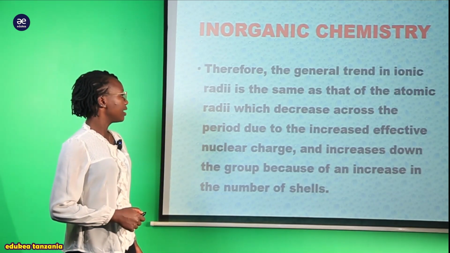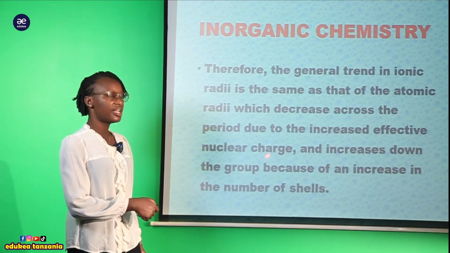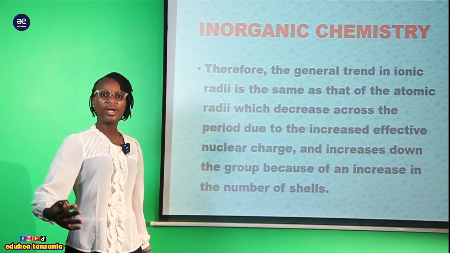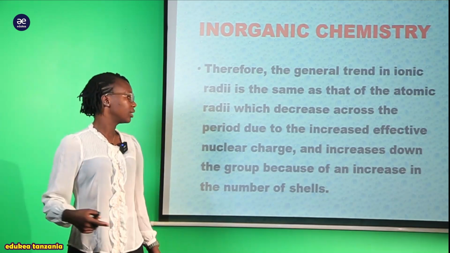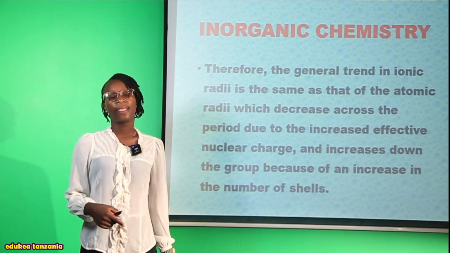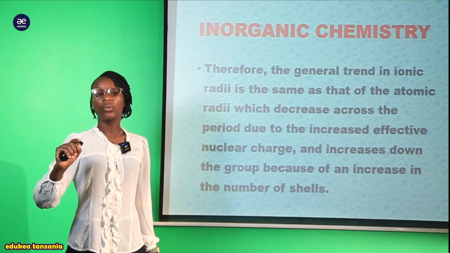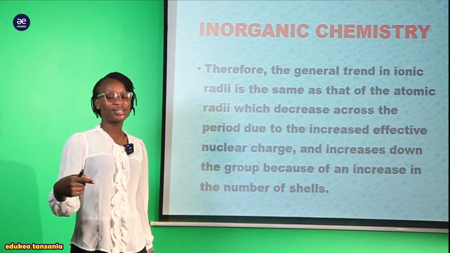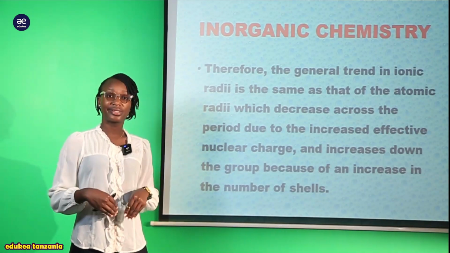Why? Because anasema this is due to the increased effective nuclear charge. Across the period, when we talk about ionic radius, there is an increase of the nuclear charge. So as long as the nuclear charge increases, also this radius will be lower or will decrease. Simple, because you can see that all electrons will be held to the center of the nucleus.